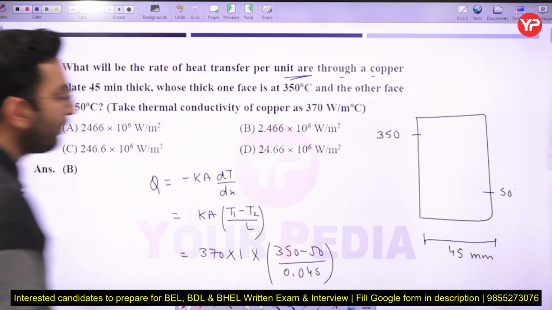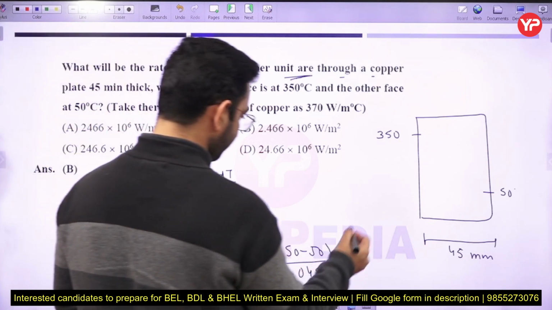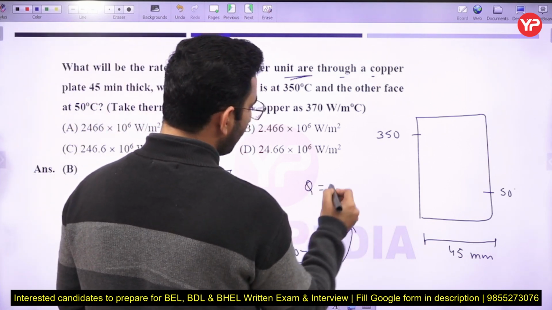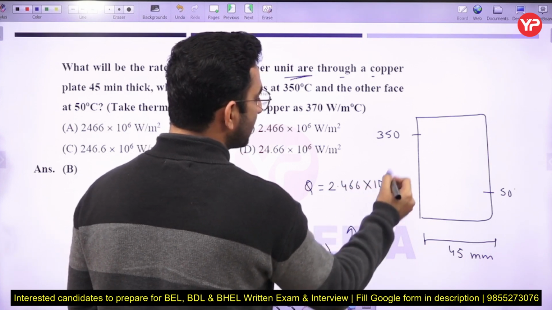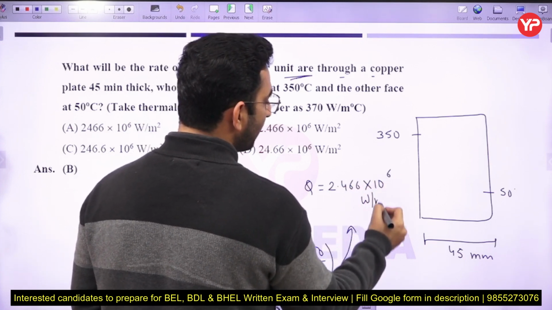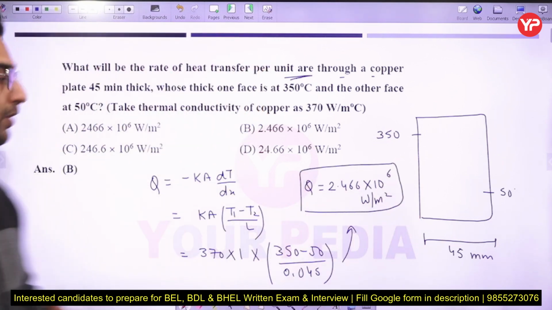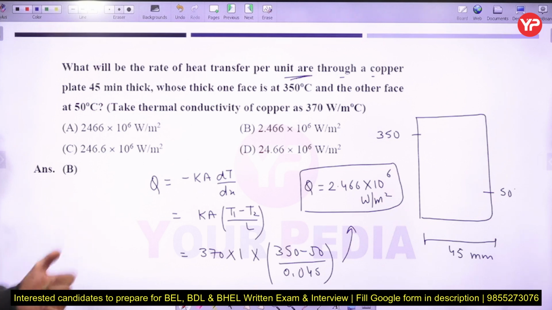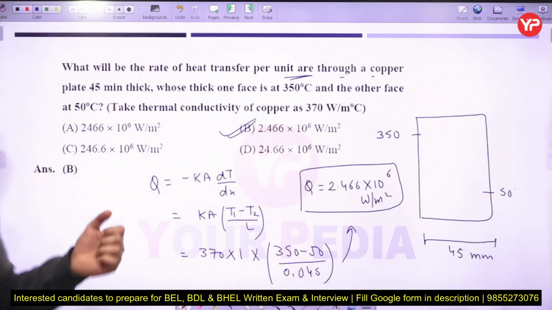If you solve this you will get your final answer as 2.466 into 10 to the power 6 watt per meter square. That will be the final value of the rate of heat loss through the system. Okay, so option B is going to be the correct answer of this part. So that's a very simple question.